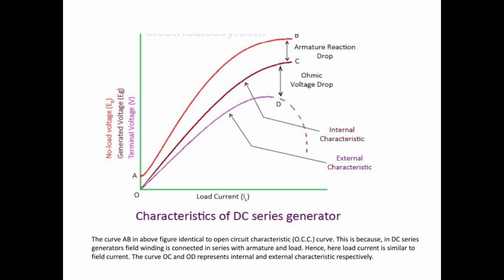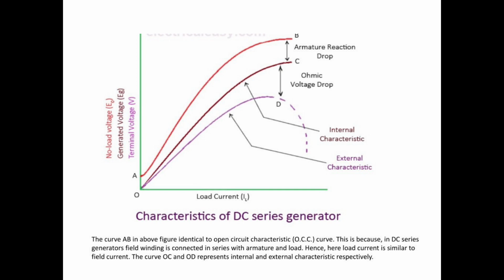So OC is the internal characteristics. Here OC internal characteristics is a plot between on-load generated voltage and armature current IA. Here EZ is E0 minus drop due to the demagnetization effect of armature reaction, whereas OD represents the external characteristics curve.